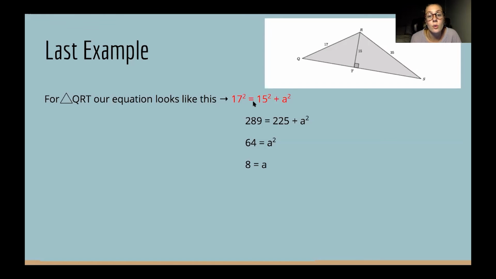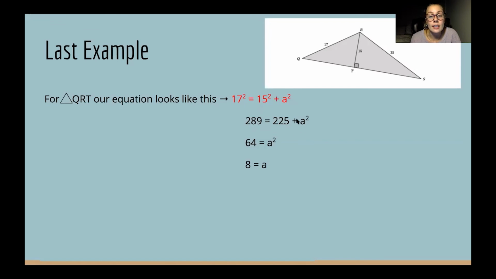Like we just said, 17 squared equals 15 squared plus 8 squared. 17 squared is 289, and then 15 squared equals 225. And then we still don't know our A squared. Well, now we want to get our A squared by itself.